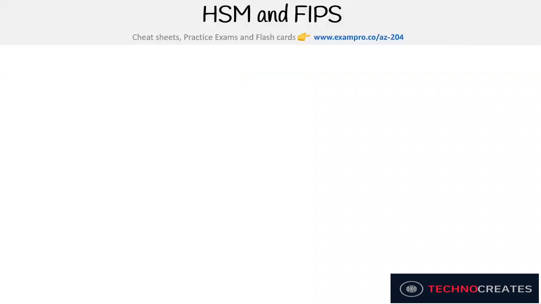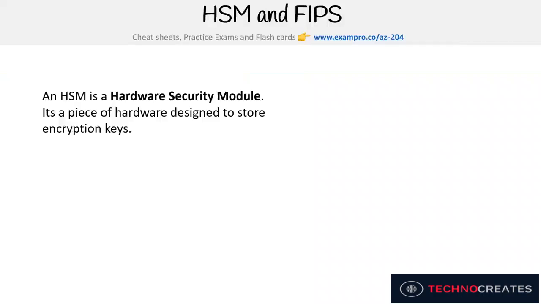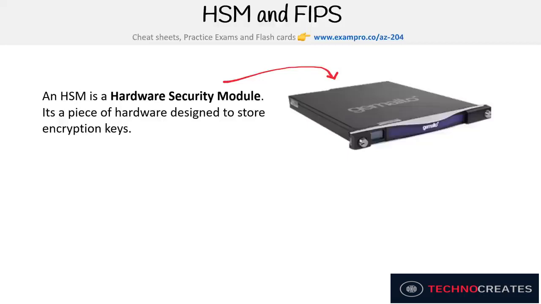Let's talk about hardware security modules and FIPS, because this is important for Azure Key Vault. A hardware security module, also known as an HSM, is a piece of hardware designed to store encryption keys. Here's an example of one called Gemalto.